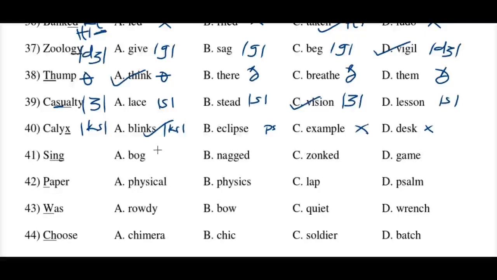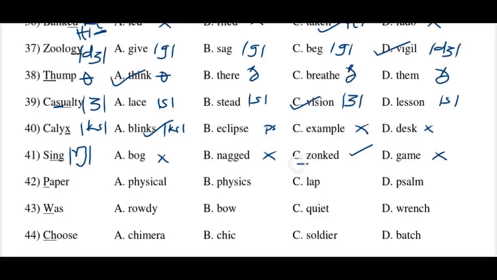Alright, number 41, sing. The underlying sound is sing. We have bog, out of place, nagged, out of place, zonked. And this is game.